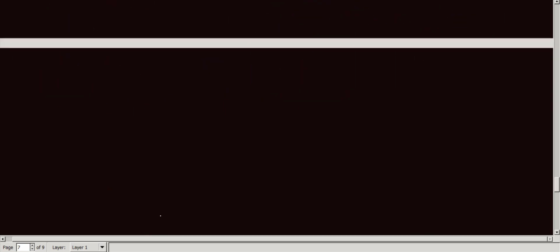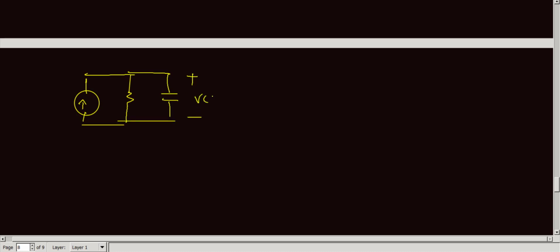Similarly, if you apply the capacitor, this is R and this is the capacitor, and this is voltage V of t. So this is I of t, this is IR of t, and this is IC of t. Apply KCL here: I of t equals IR of t plus IC of t.